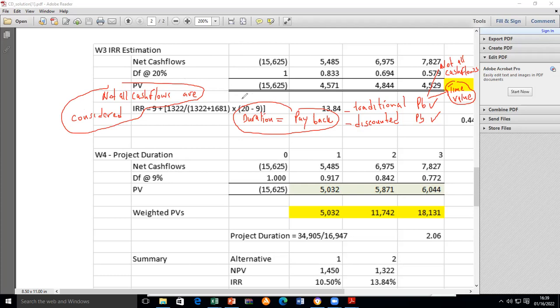Well, the answer is in duration. Duration is a form of a payback which is based on discounted figures, but also captures all project cash flows.